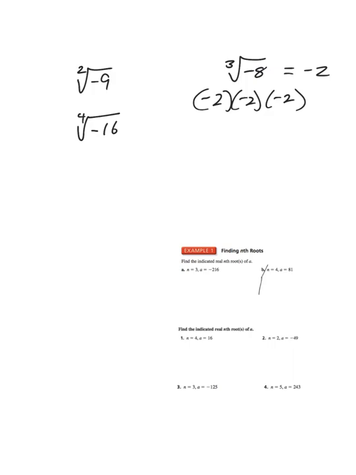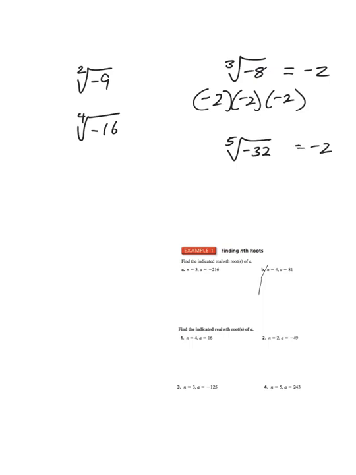So we can take the odd root of a number and get a real value. Negative values in odd radicals are okay. Here's another one: the fifth root of negative 32 is negative 2. We can do that one.